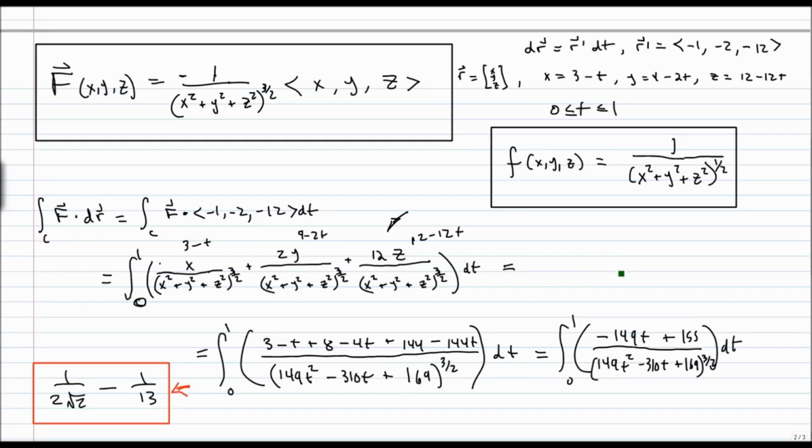So you can see here that if I let u equal 149t squared minus 310t plus 169, then du is going to be this dt. And if I factor out a minus 2 out of this, I get 149t minus 155.